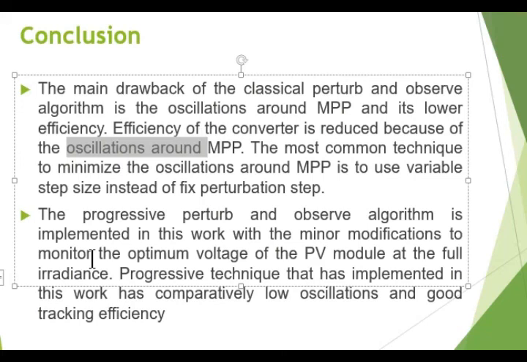It continuously checks the voltage of the PV module against the optimum voltage. If the voltage of the PV module is higher than the optimum voltage, then it reduces the voltage of the PV module. So it reduces the oscillation and increases the efficiency.